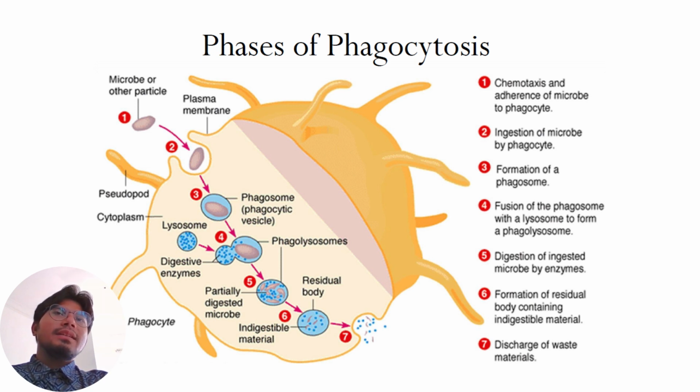And next, there will be a digestion process whereby the enzyme will kill the microbes. And step number six, there will be formation of what we call a residual body, which will be discharged from the phagocyte cell.